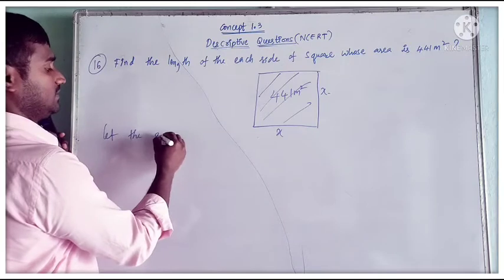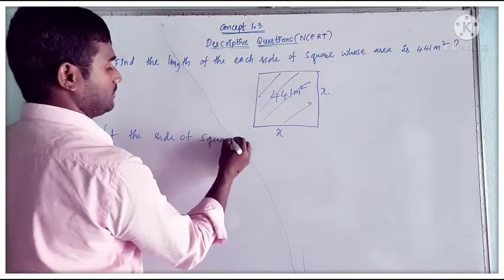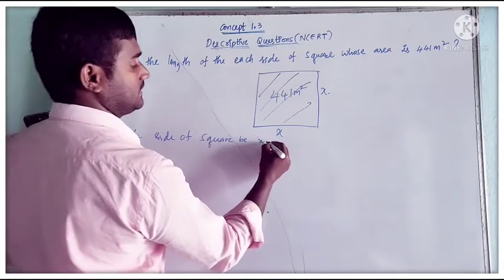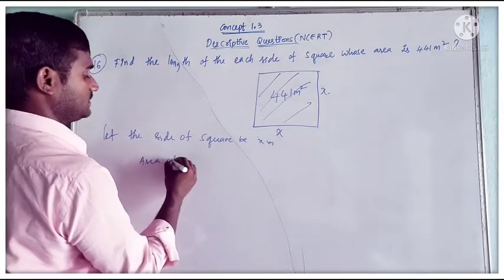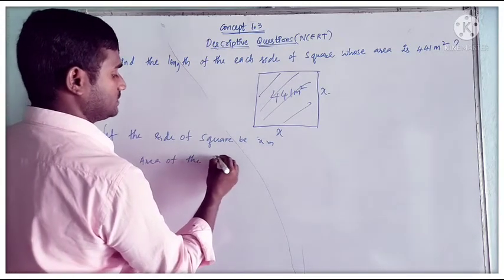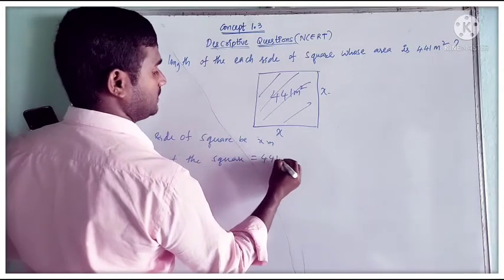Let the side of the square be x meters. Then the area of the square is given as 441 meters square.